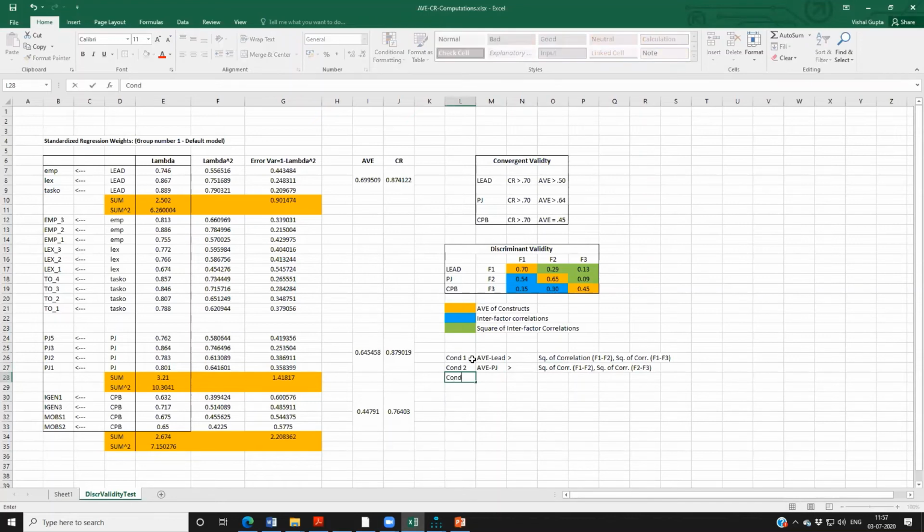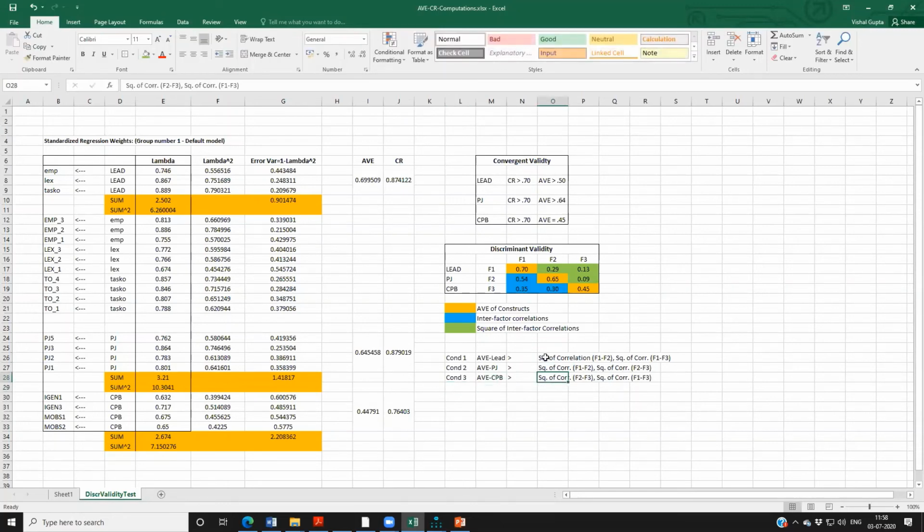And condition 3 is going to be AVE of CPB should be greater than the square of correlation F2, F3, wherever F3 is coming, and the square of correlation F1, F3.